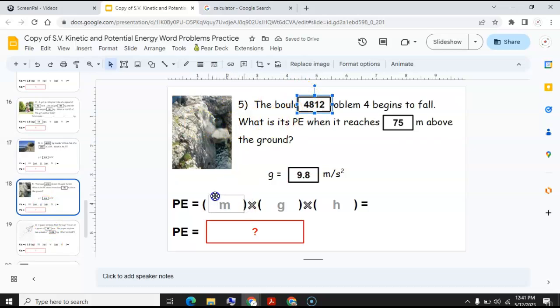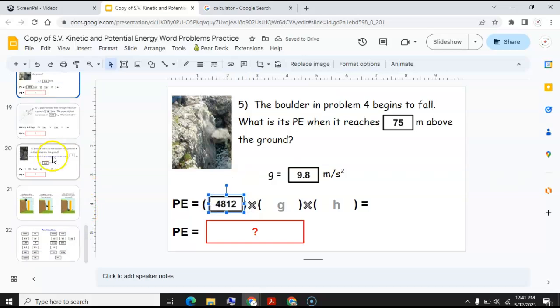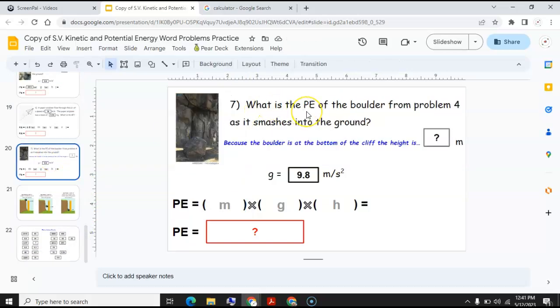For slide 5. There's one more time you have to do that as well. Slide 20, so question number 7. Again, it's the mass from problem 4, so the mass hasn't changed. So you need to copy and paste that same mass from question 4 here.